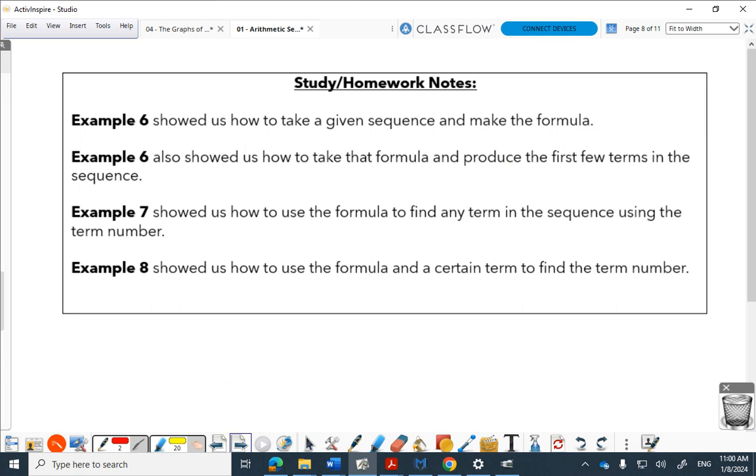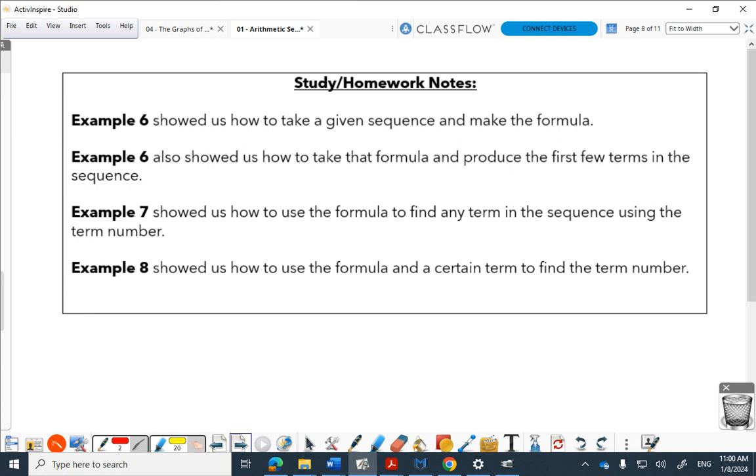Study/homework notes. Example 6 showed us how to take a given sequence and make a formula. See, now when you're doing your homework, you're like, oh, question 3, they gave me a sequence and I have to make the formula. Now you know where to find that example. You can still text or email me, but I'll be a little disappointed. Not in you, in my notes. See how good these notes are?